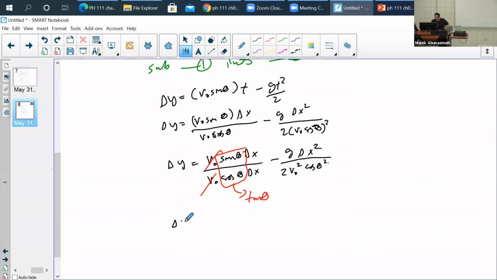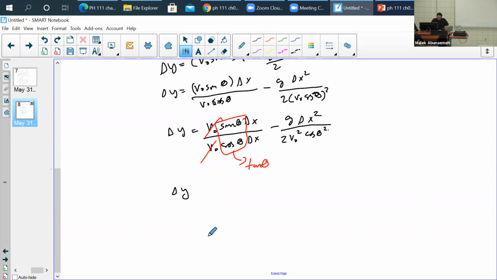So really the displacement in the y direction is going to equal your tan theta delta x minus g delta x squared divided by 2, and I'm just going to write that (v naught cosine theta) squared.